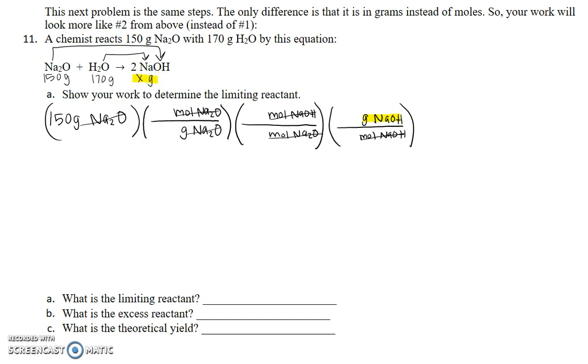Anytime I have a grams to moles conversion, I'm talking about molar mass, so the mass of 1 mole. The mass of 1 mole of Na2O I find by using the periodic table, adding up the mass of sodium plus oxygen. The mass of Na2O is 61.98 grams.